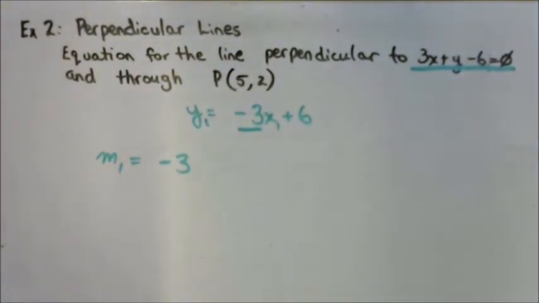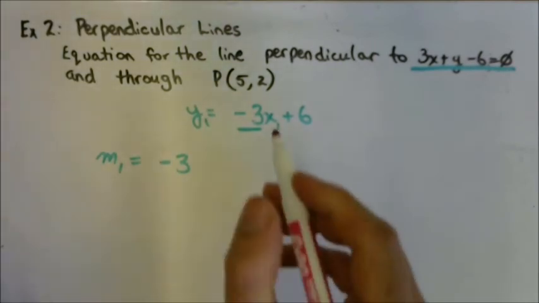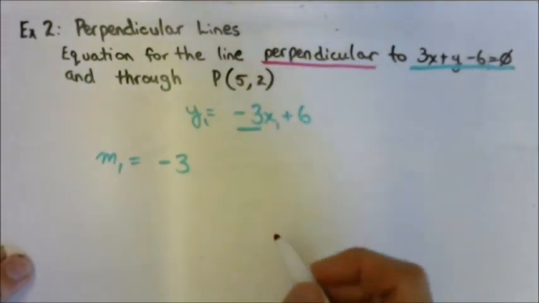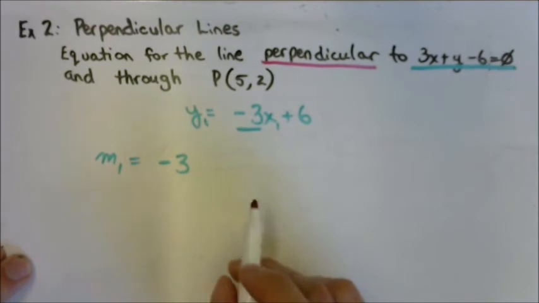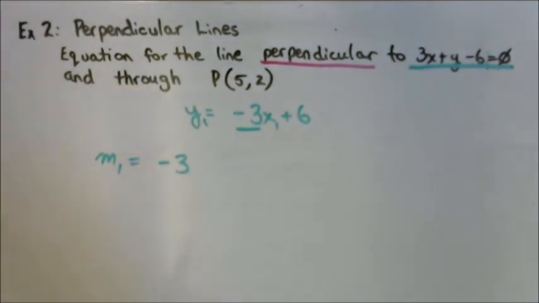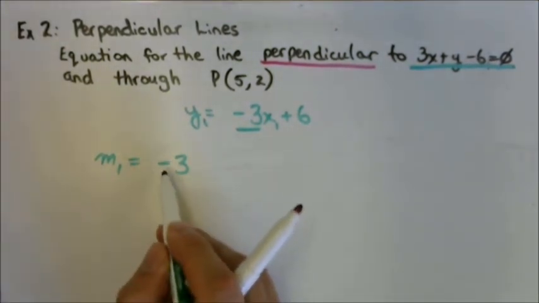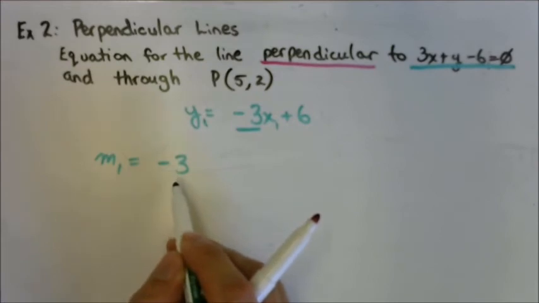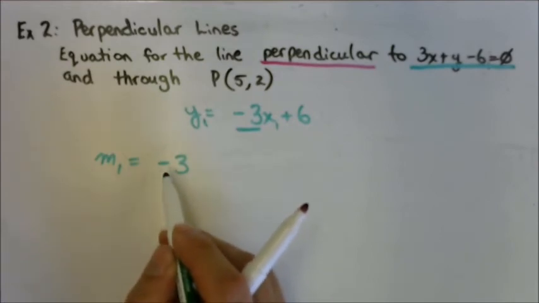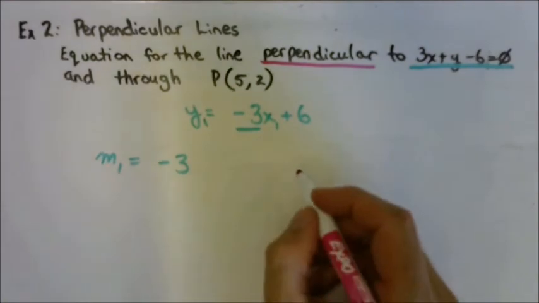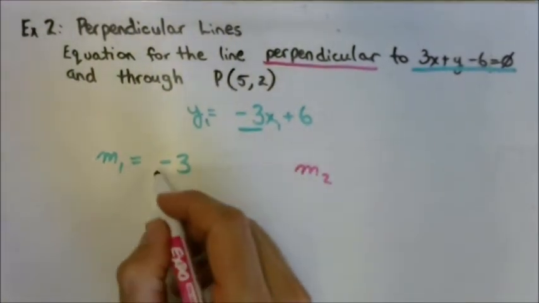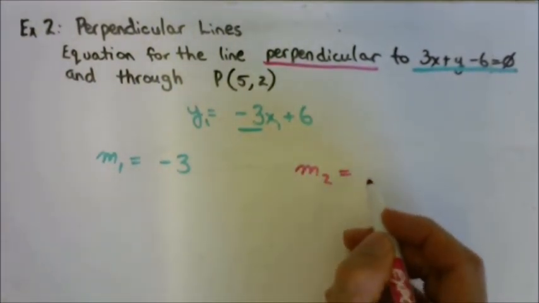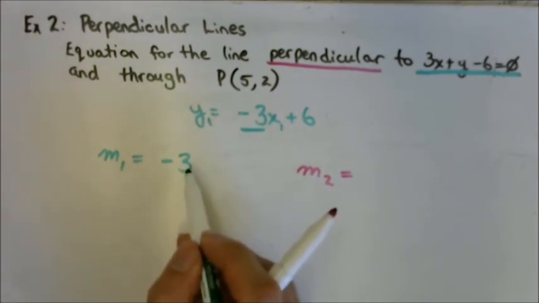Now, if our new line is going to be perpendicular to our original line, then the slope has to be the opposite reciprocal. When we look at this, -3, you might think, well, that's difficult to make it a reciprocal. I can make it opposite. Instead of being negative, my new slope is going to be positive. But what's the reciprocal of 3?